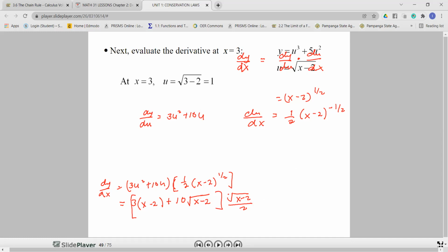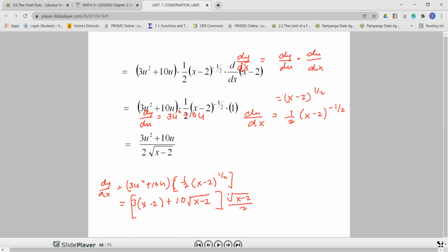Oh, wait. There's another problem, it seems, with u cubed plus 5u squared. Oh, that was also the answer earlier. This is just the next problem. So, here, they put 3u squared plus 10u over 2 times the square root of x minus 2. They just simplified. Wait. So, this is du over dx, so this should be negative 1 half.